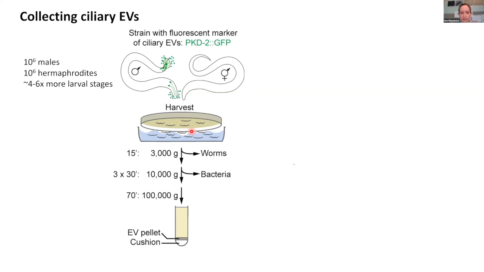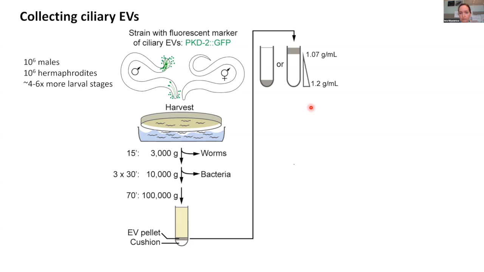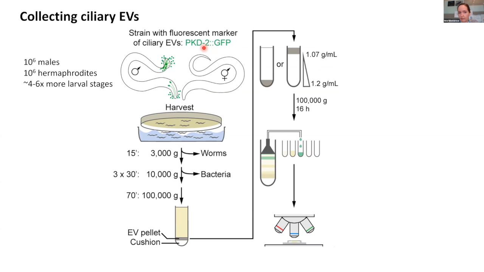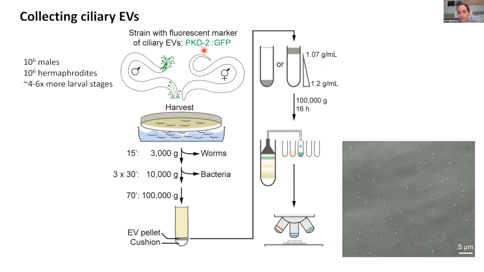We collected EVs through serial centrifugations and then we used gradients, either loaded from the top or from the bottom of the tube, and we equilibrated them overnight in those gradients. Then I looked at each fraction to see which would contain green vesicles, or PKD2-labeled vesicles. A normally enriched fraction would look like that, with those vesicles clearly visible.